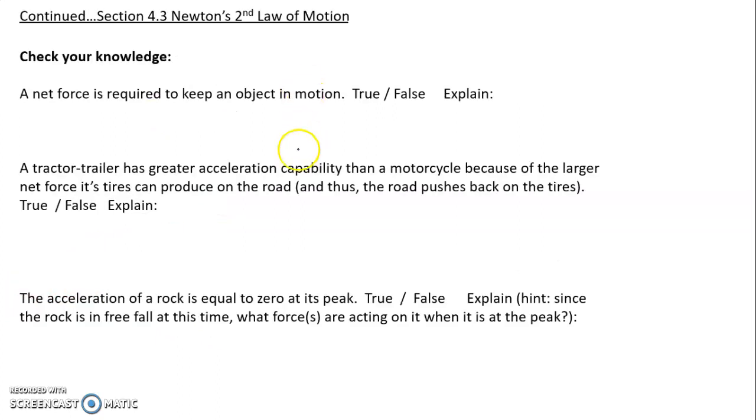All right, let's check our knowledge. A net force is required to keep an object in motion. Well, let's see. Think about that equation we had on the last slide. If the net force is 0, then that's going to lead to an acceleration of 0. But does that mean we need to have a net force to keep the object in motion?